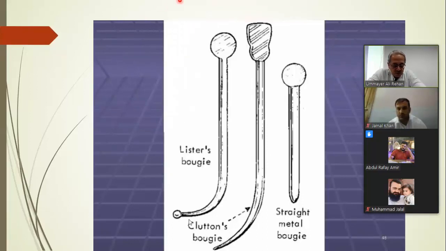But they have got the same principle. You start with the lowest diameter, and then you keep on increasing the diameter. You just go in, come out, introduce another one. This is the way you do dilatation of urethra. So that's my take on your question.